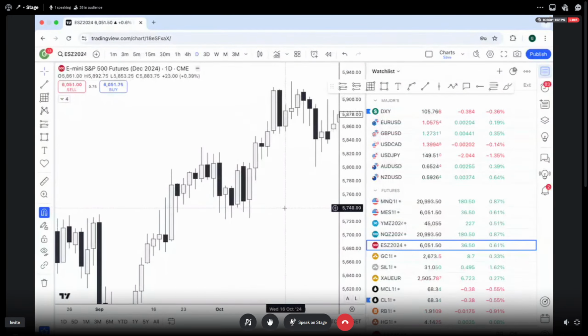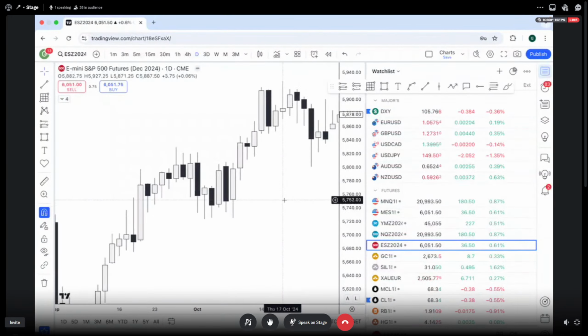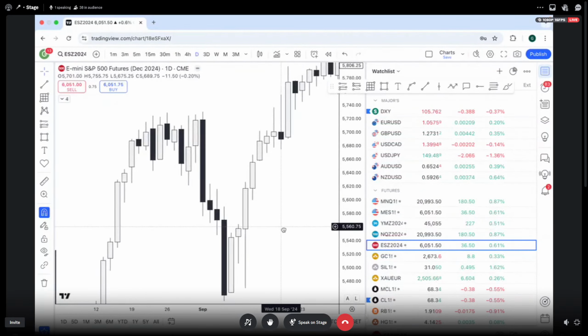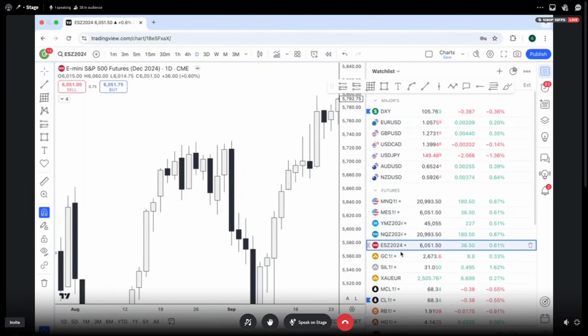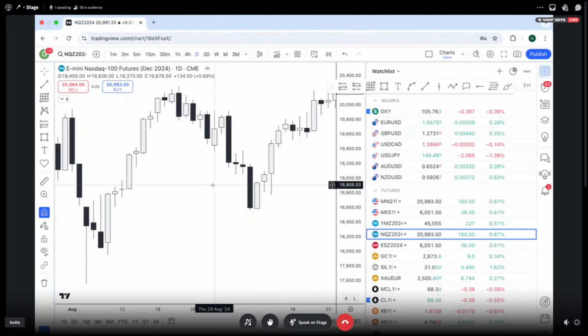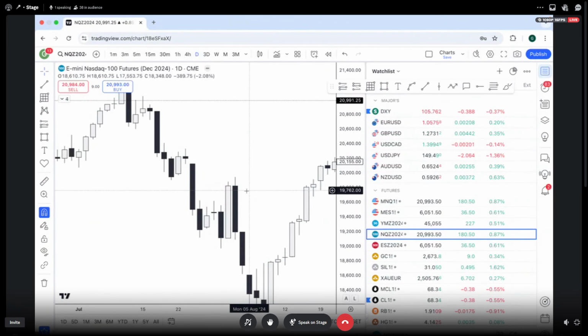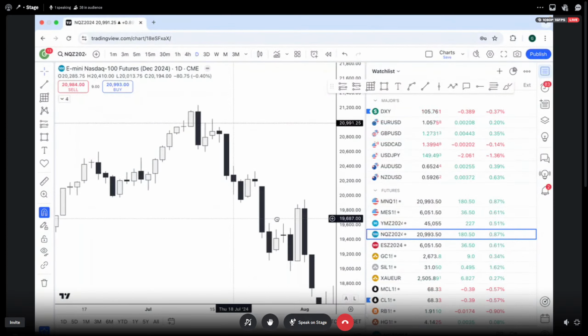Now, let's say we open up near a key level. Let me try to show you an example of that. Trying to find an example here.